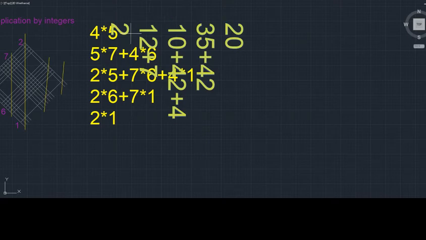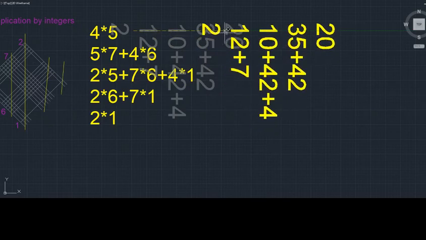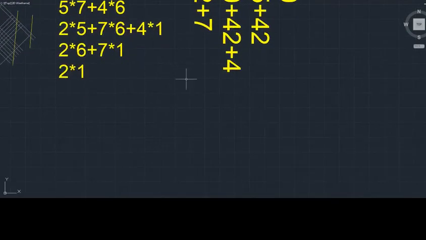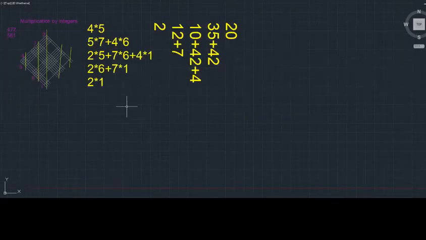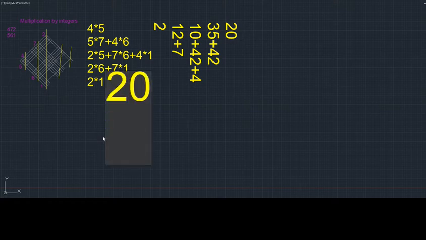Just going to move these out of the way. And I'm going to zoom out just so we can see each part. And so moving down here, so again, that first column is 20, 35 plus 42 is 59.